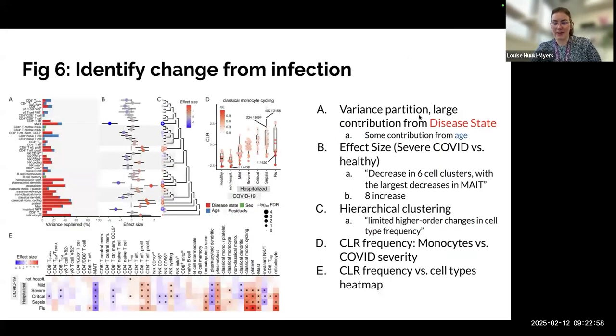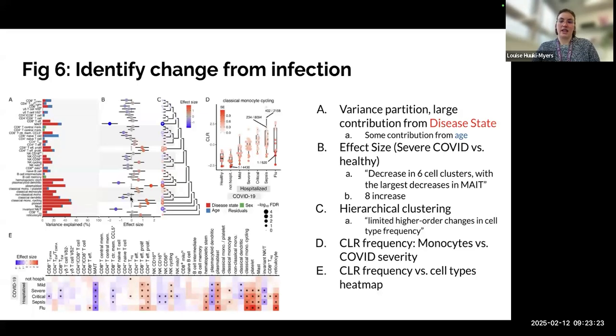All right, figure 6, I believe this is the last example. Yep. And so we're looking at identified changes from infection. So this is cell type changes in the lungs with or without COVID. Again, exploring these variables, we see disease state makes up a large percentage of the variance in these cell types.